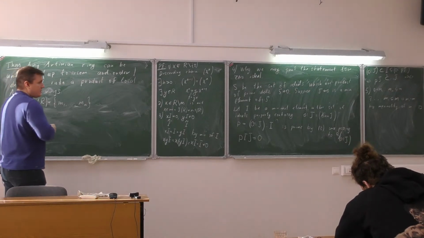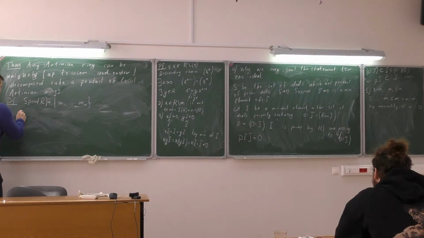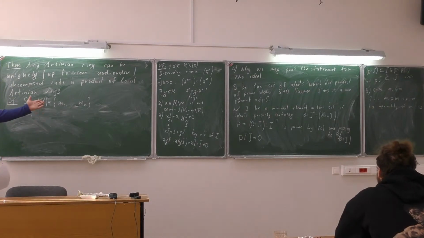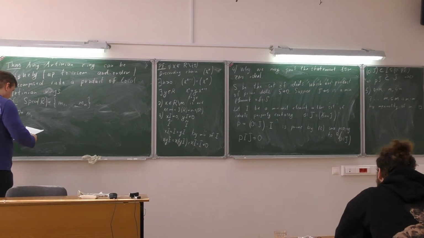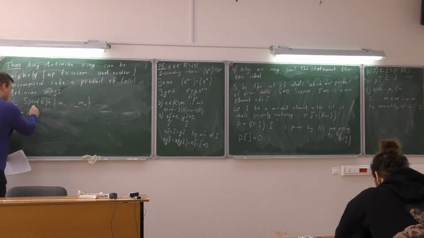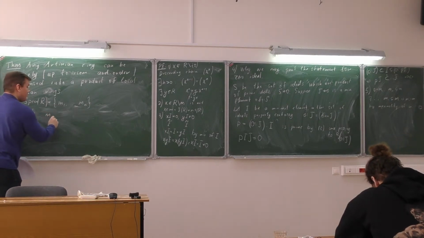And I also know that the zero ideal is the product of maximal ideals. So at least I know that 0 is the product of M1, but perhaps I need to take this M1 several times, right? So maybe I need to write M1 to the K1. And then the same for M2 and all these ideals, so Mn to the Kn. Right?